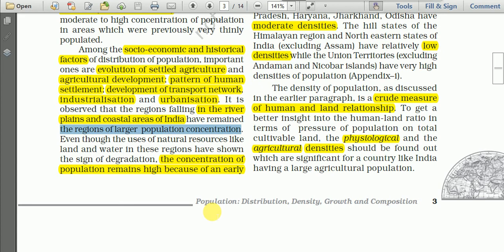And since we have an early start of settlement in the river valleys, the population remained concentrated in those areas.